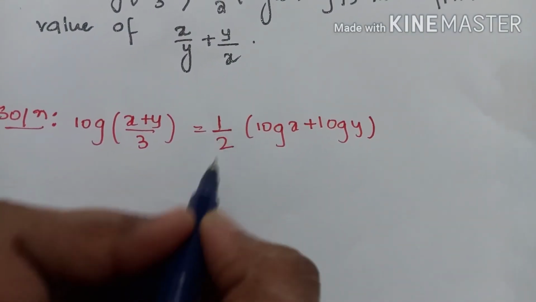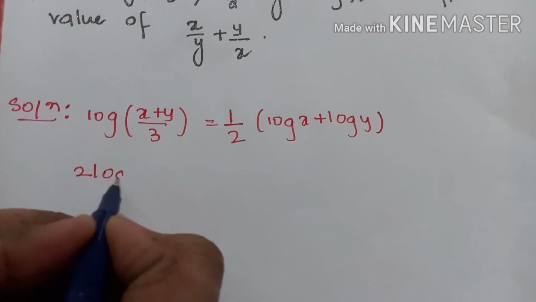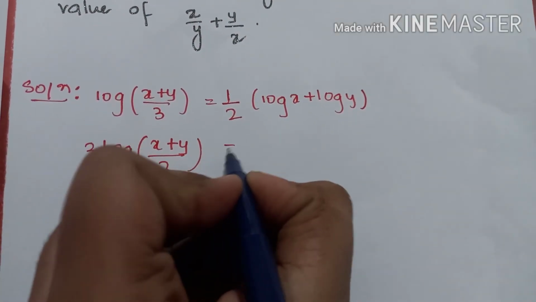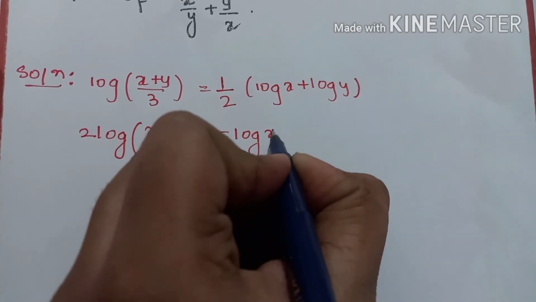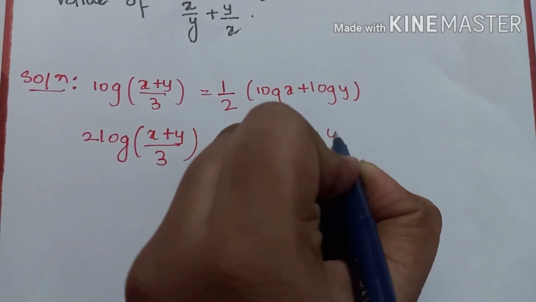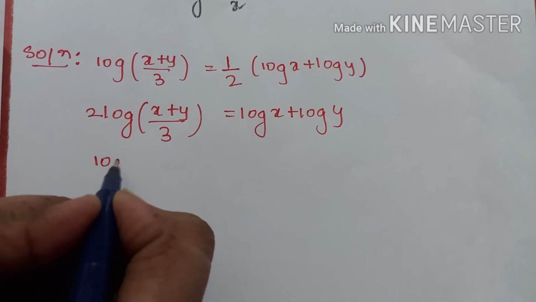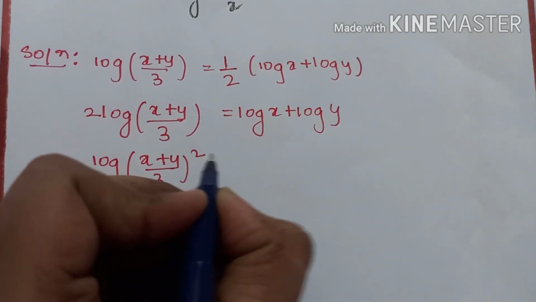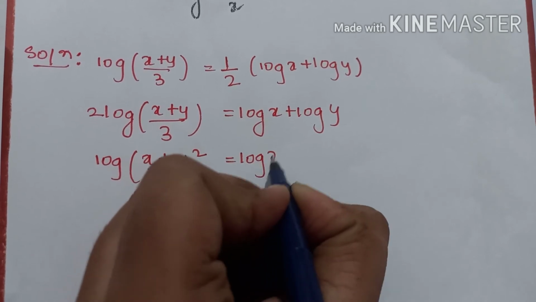So 1/2 taking to the RHS side, we get 2 log (x plus y)/3 equals log x plus log y. So this can be written as log ((x plus y)/3) whole square is equal to log x plus log y.